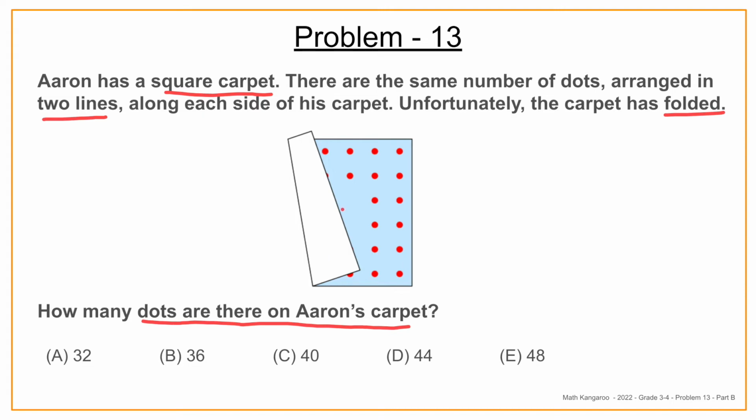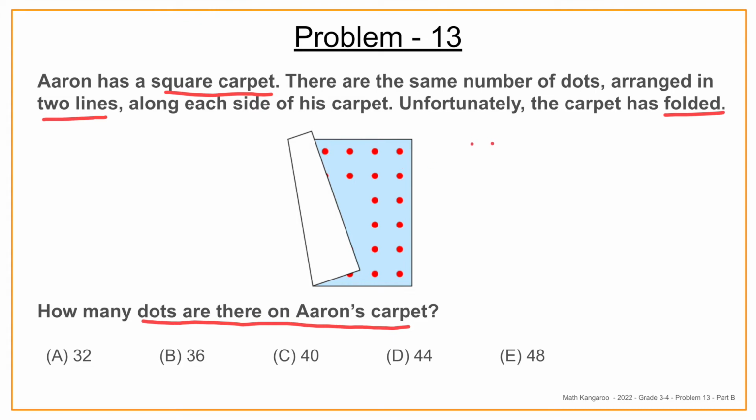Ready? Let's go. Count the dots on the outside. So we count 6 dots: 1, 2, 3, 4, 5, 6. And then on the opposite side, we have 6. So in total, we have 12.